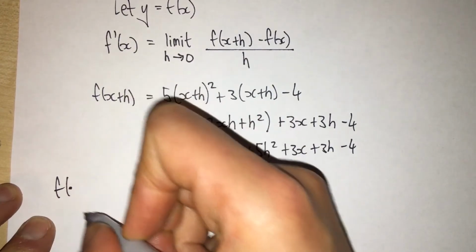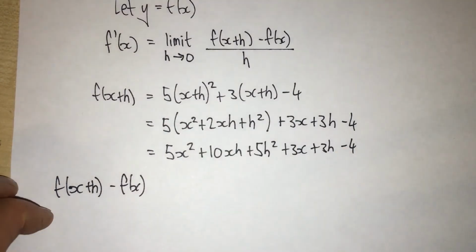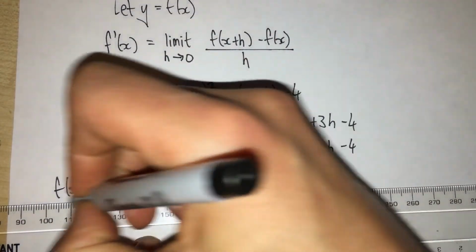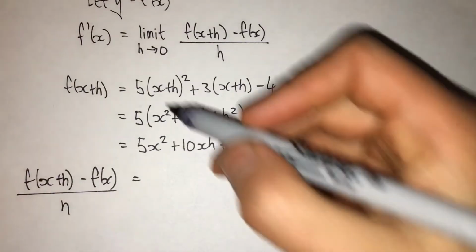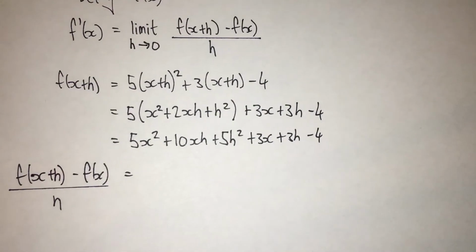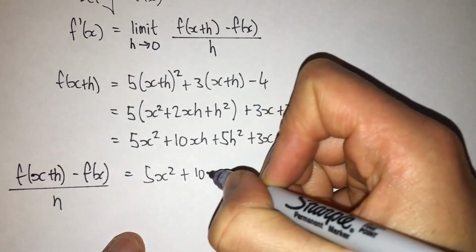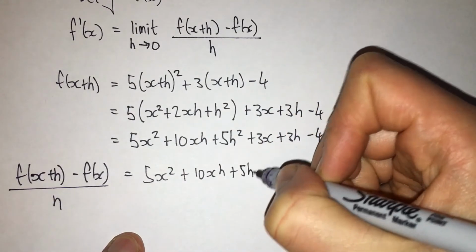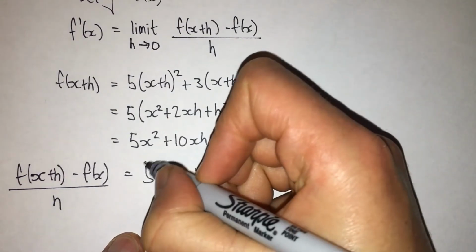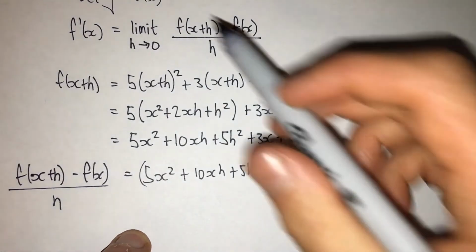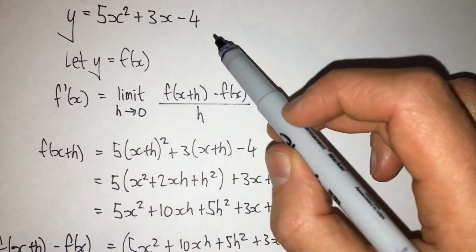So f of x plus h minus f of x all over h is equal to all of this, so 5x squared plus 10xh plus 5h squared plus 3x plus 3h minus 4, all of that, minus the original function of f of x, because we said let y equals f of x, so we're going to take away all that.